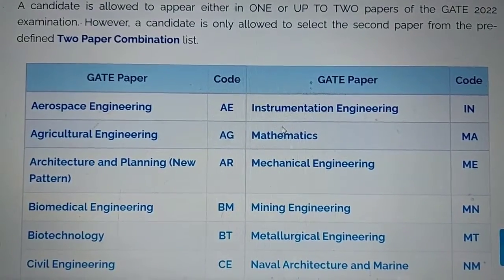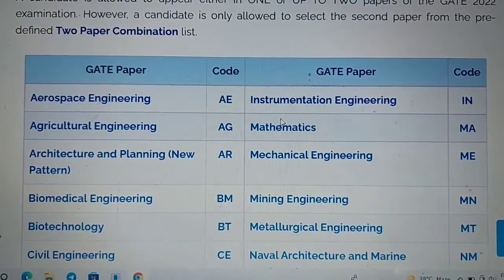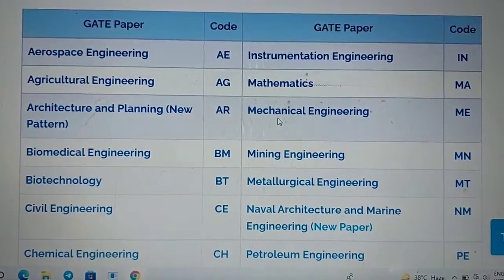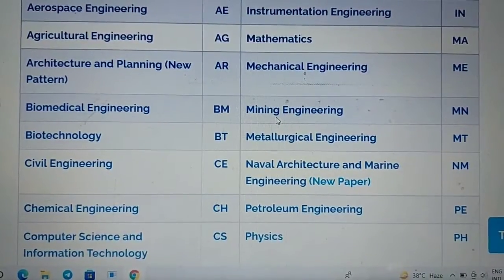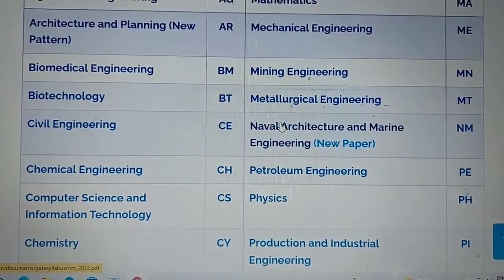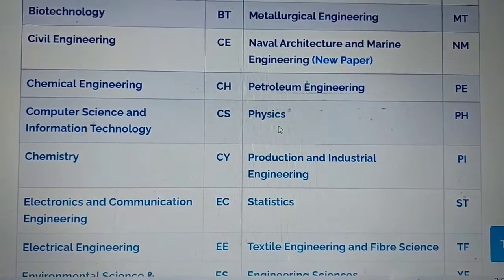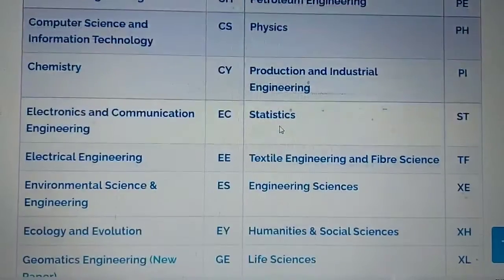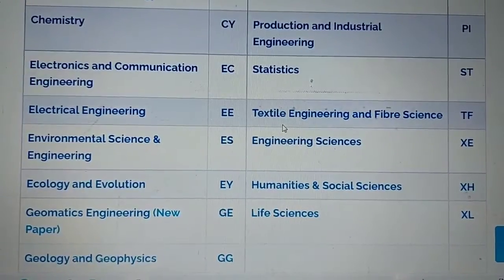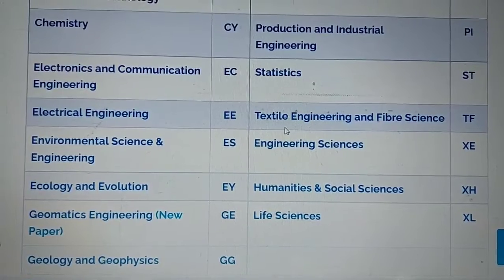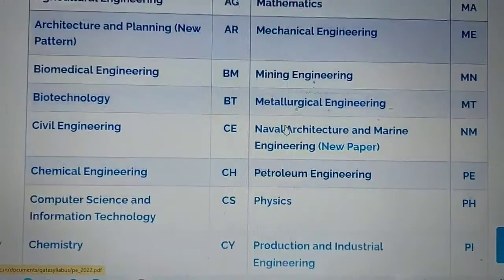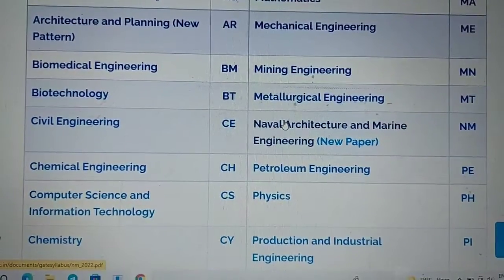These are the paper codes of various branches: aerospace engineering, instrumentation, mathematics, mechanical, agriculture, architecture and planning, biomedical engineering, biotechnology, civil, chemical, physics, production, industrial, statistics, electronics and communication, electrical engineering, humanities, social science, ecology and evolution, life sciences, geology and geophysics. There are 29 paper codes you can see.